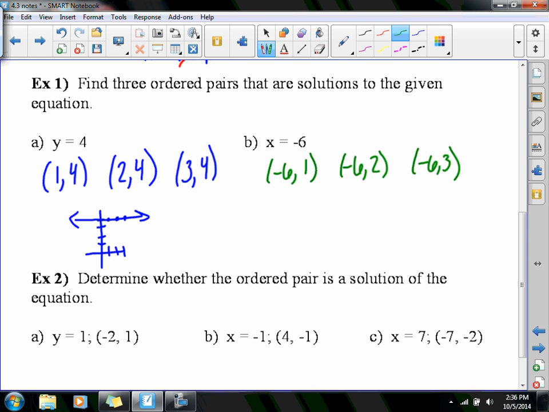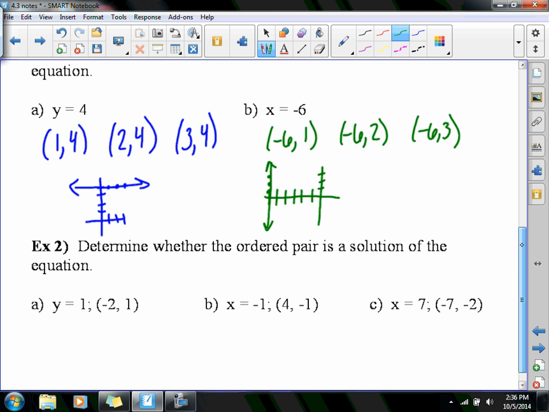But again, we'll get to graphing in a moment, but if we graph this one, x equals negative 6 would be right here. So I would be at negative 6. There's my y numbers. Negative 6, 1, negative 6, 2, and negative 6, 3. Those are the three ordered pairs that are going to be on that line.